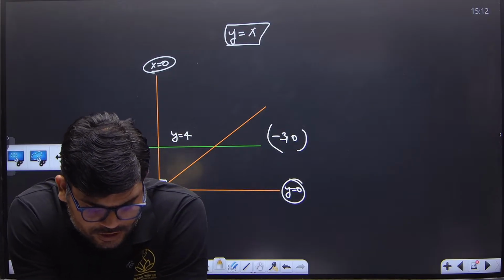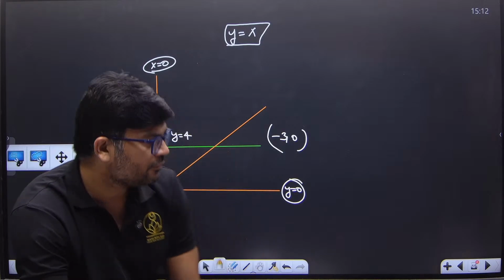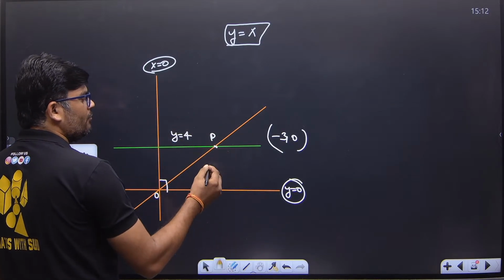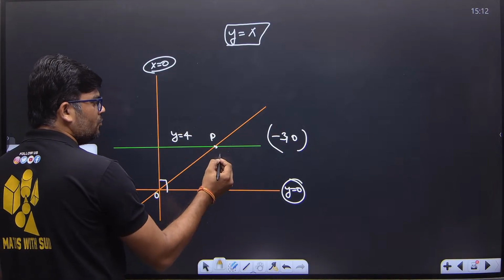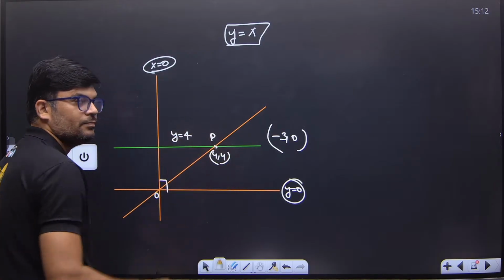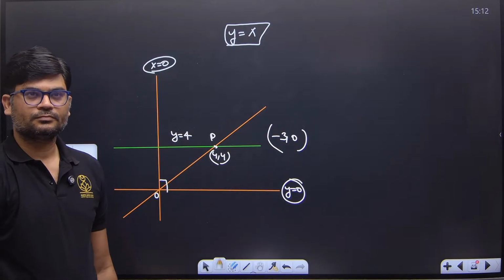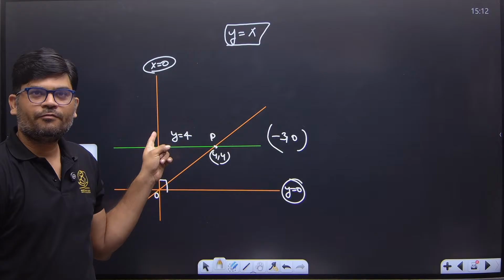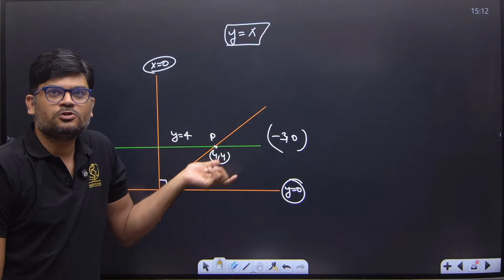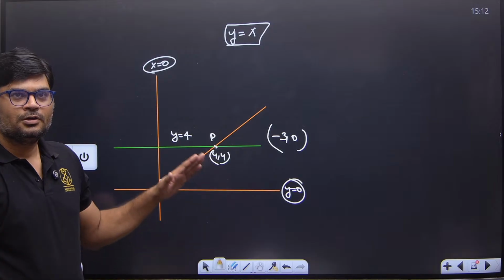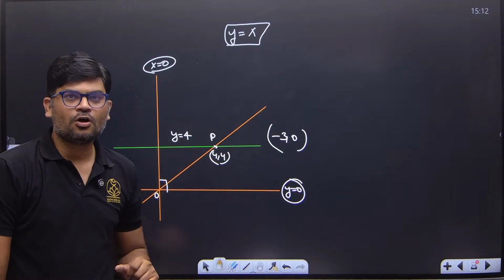The second part is they need the coordinates of the point P. So can you tell me the point P? y is equal to x, so it is going to pass through 4, 4. Because y is equal to x, if y is 4, what will x be? X will also be 4. So both the lines will meet at 4, 4.